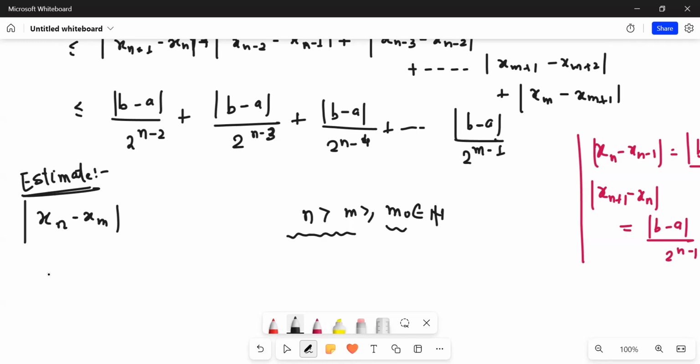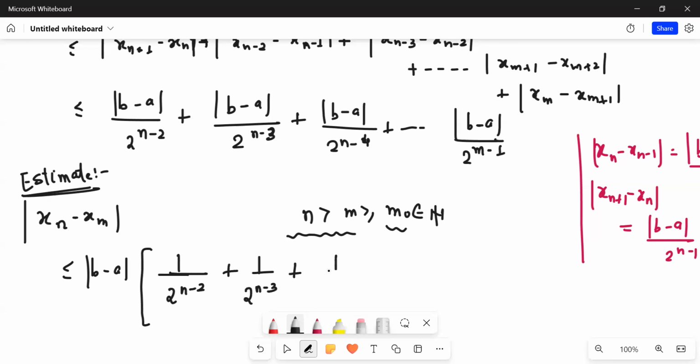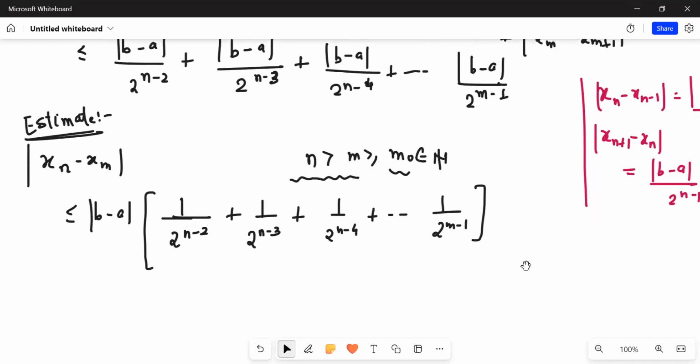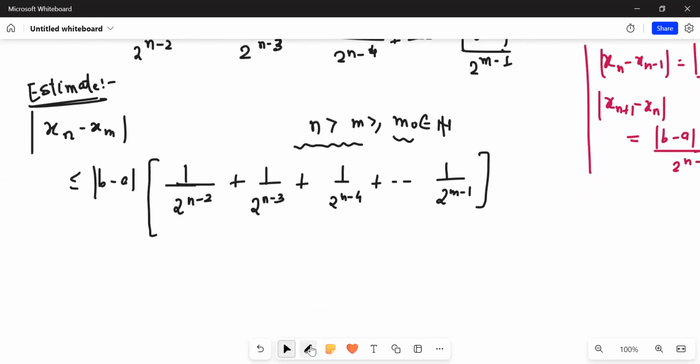So |xn minus xm| would be less than or equal to, just take |b minus a| common, and inside you are getting 1 upon 2 raised to power n minus 2 plus 1 upon 2 raised to power n minus 3, then 1 upon 2 raised to power n minus 4, and so on, up to 1 upon 2 raised to power m minus 1.